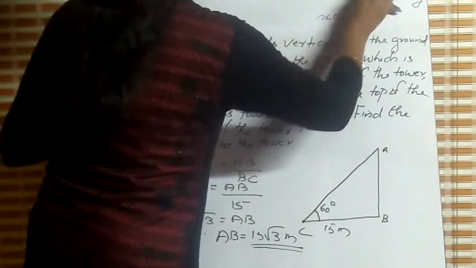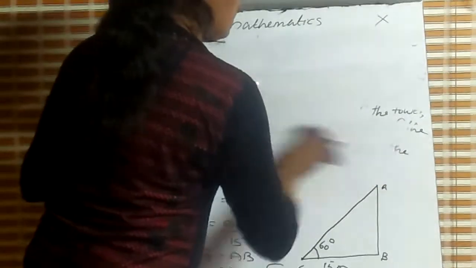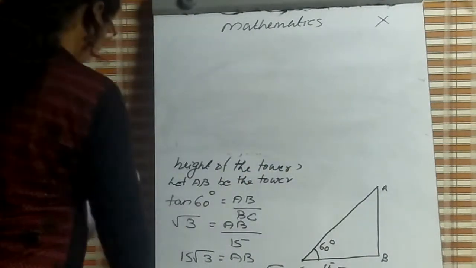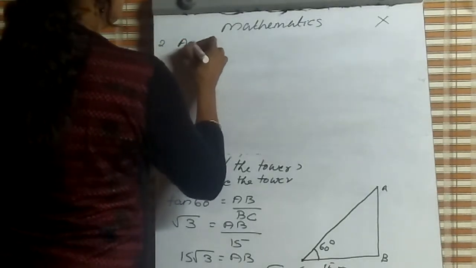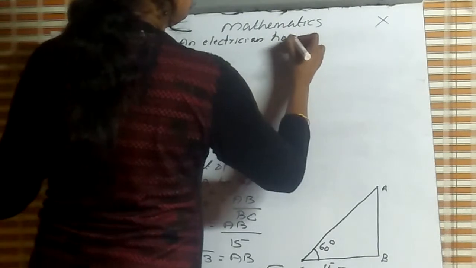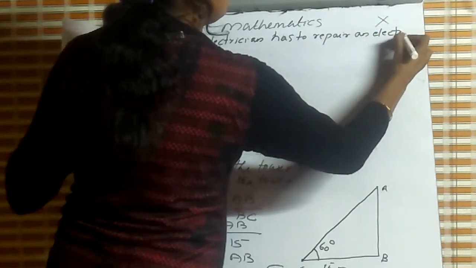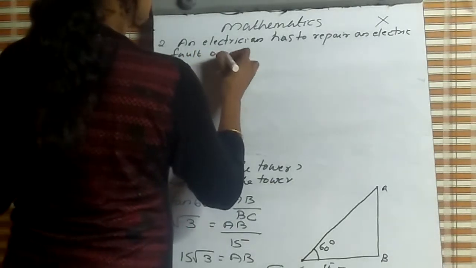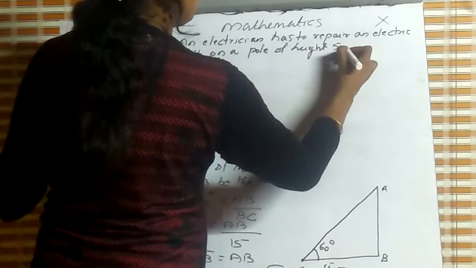Second question. An electrician has to repair an electric fault on a pole of height 5 meters.